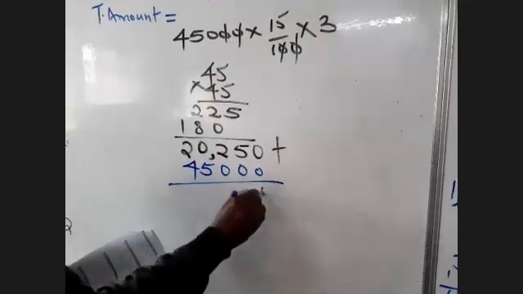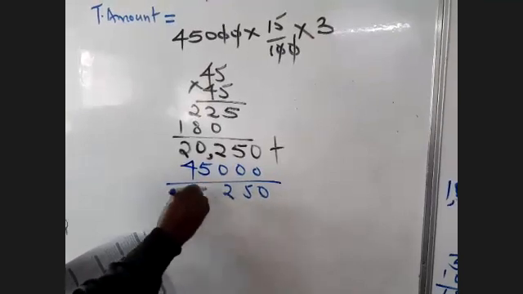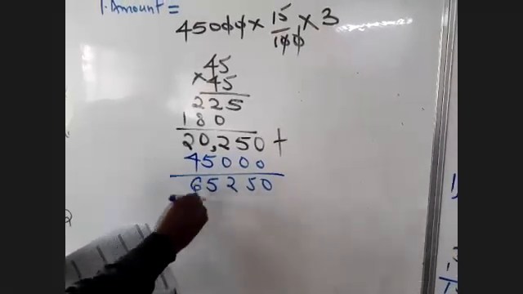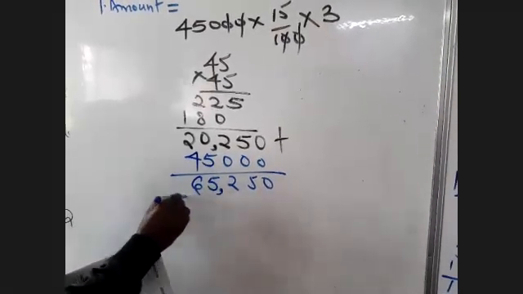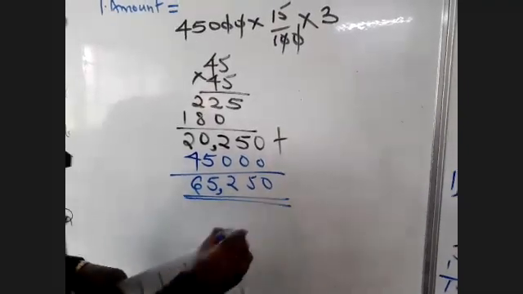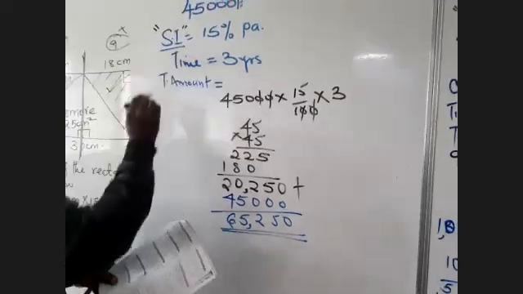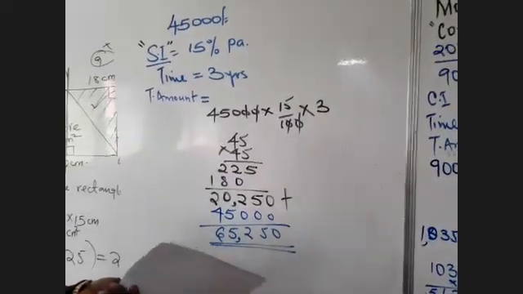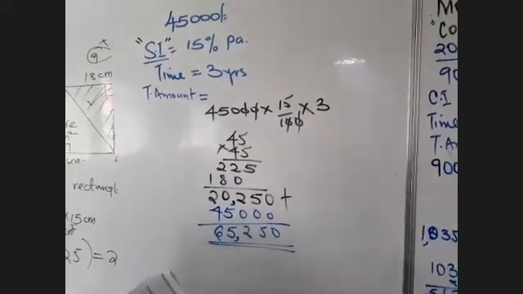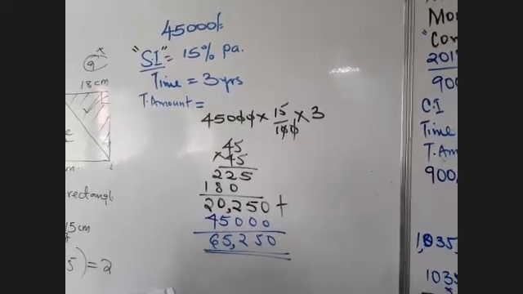This was simple interest: 0, 5, 2, 5, and 6. So that's what she's saying, 65,250. The underlined word was simple interest.